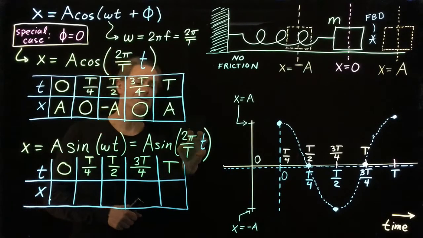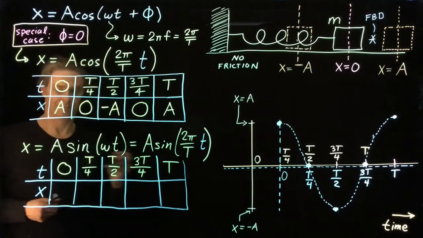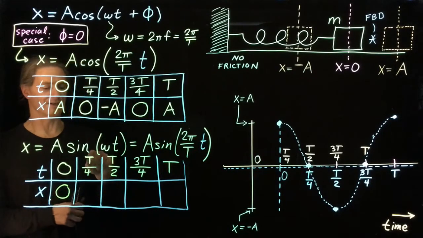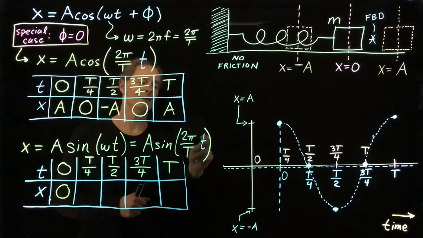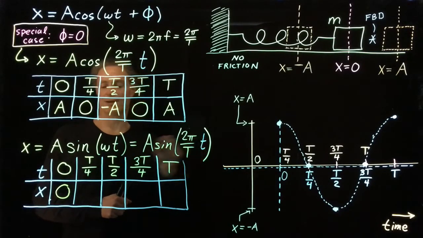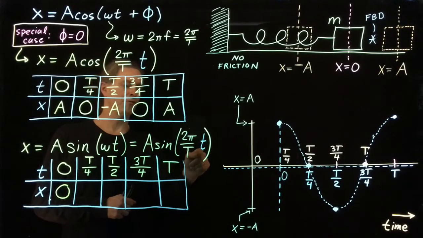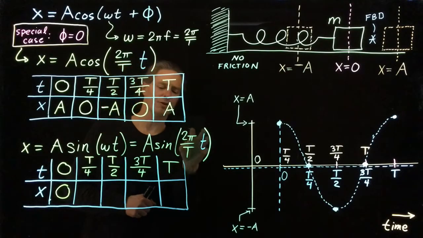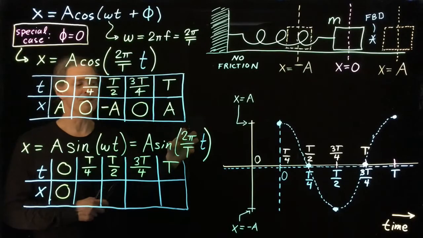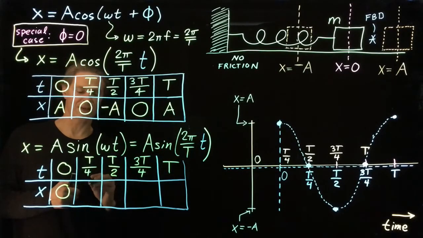Sine of 0 is 0. Now let's plug in capital T over 4 for little t. So 2 pi over capital T times capital T over 4. That'll give me pi over 2 in the argument of the sine. Sine of pi over 2 is 1. 1 times A gives me A.